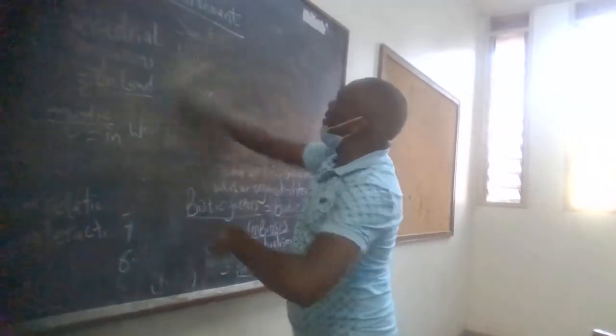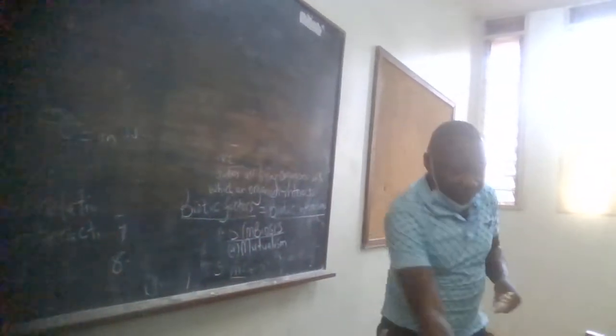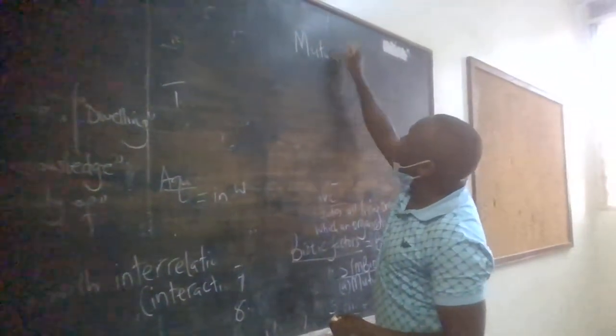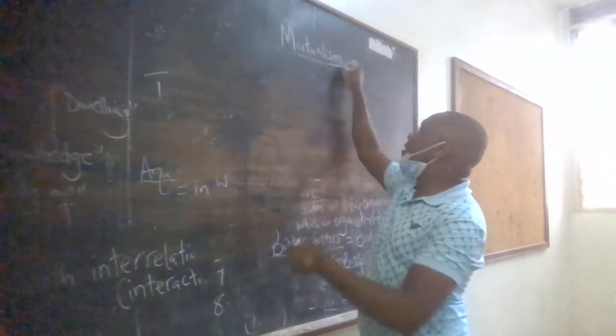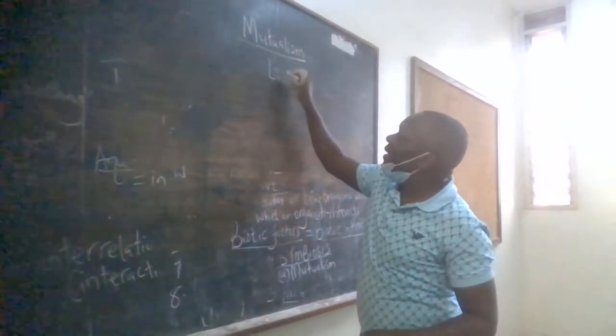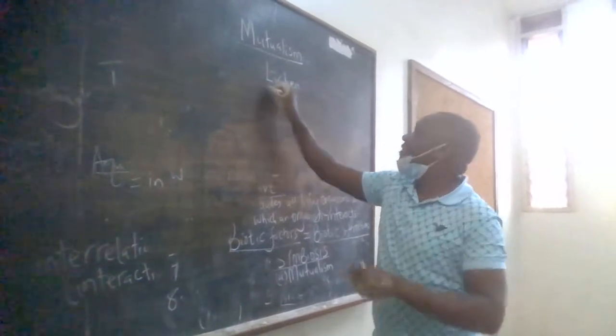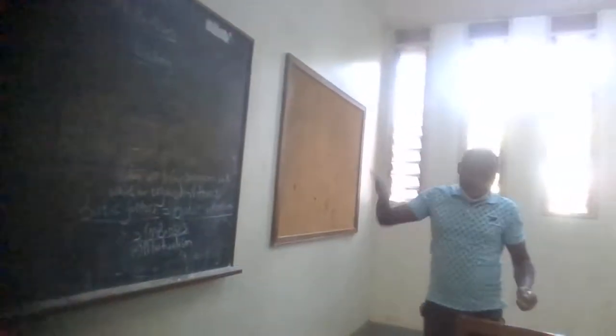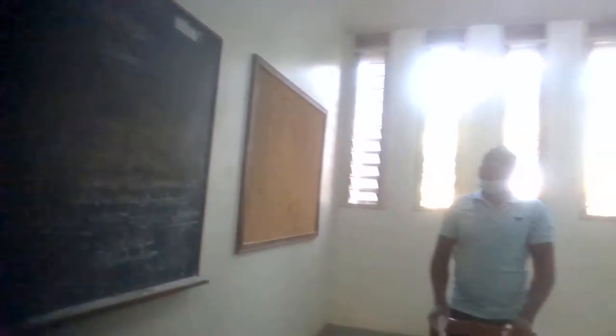Let us give some examples of this symbiotic relationship, which we are calling mutualism. Have you ever heard of the lichen? What is the lichen? A pioneer plant.